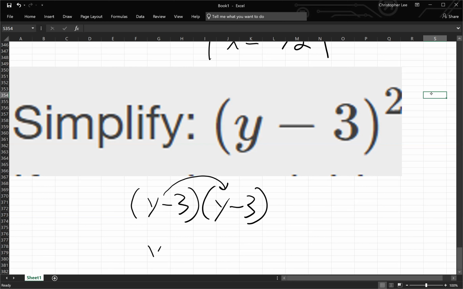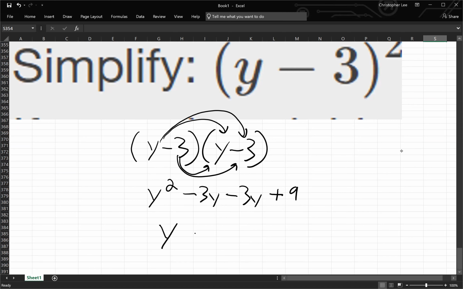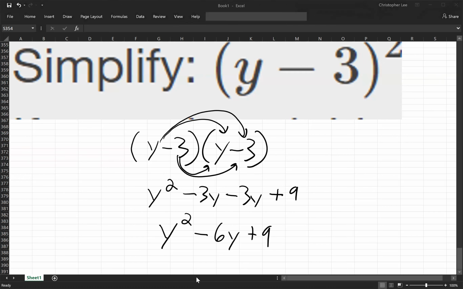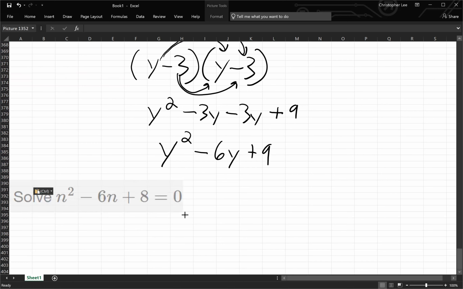So y times y is y squared, y times -3 is -3y, -3 times y is -3y, -3 times -3 is what? +9, right? Combine like terms right after. So I have y squared minus 6y plus 9, right? Not bad, not bad. All right, help me out with this one. Plus y in the middle? No, because of the negative. Yeah, and then you're adding them.